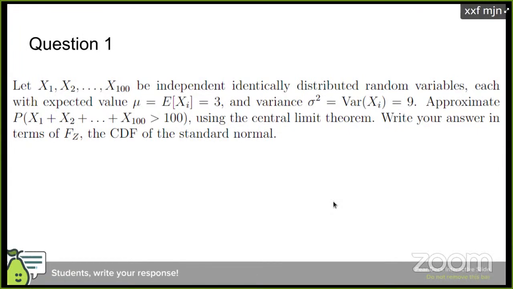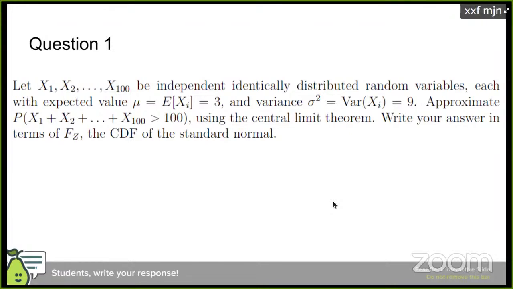Approximate the probability x1 + x2 + ... + x100 greater than 100 using the central limit theorem. So you have to find the probability for the sum of these 100 random variables. This sum should be greater than 100 by using the central limit theorem, and write your answer in terms of phi z.